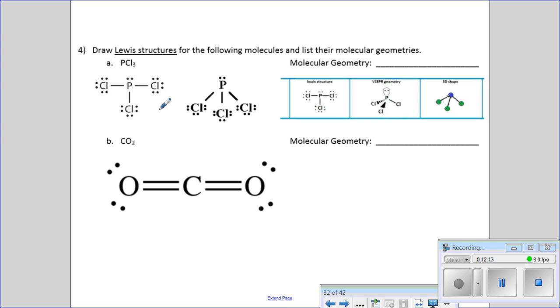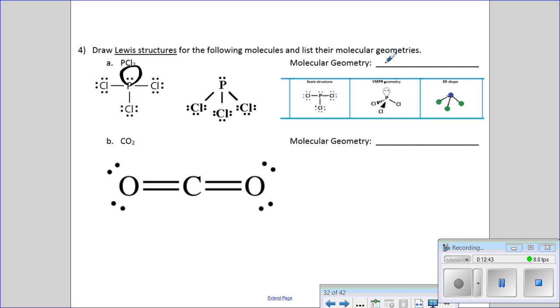So if you look back to your orange sheet, which should be in front of you, you'll have 1, 2, 3 bonded atoms to the central atom. So my 2 choices for 3 bonded atoms are either trigonal planar or trigonal pyramidal. Since I have this lone pair of electrons on the central atom, it is going to push the bonded chlorine atoms closer.